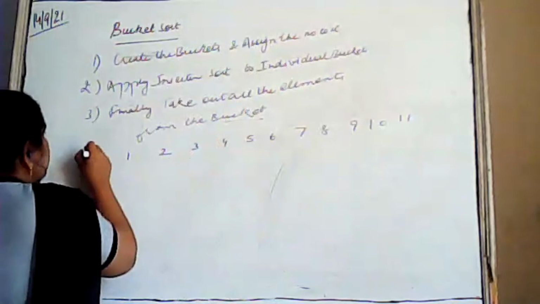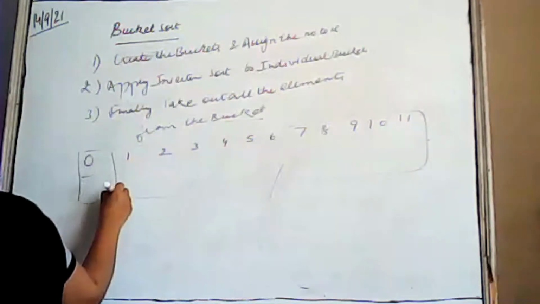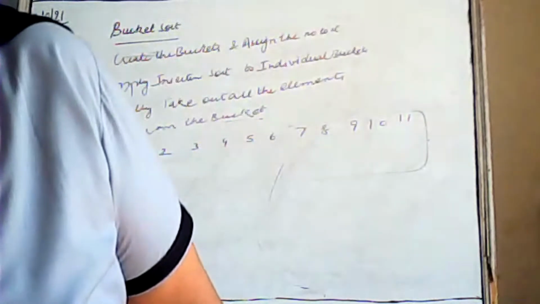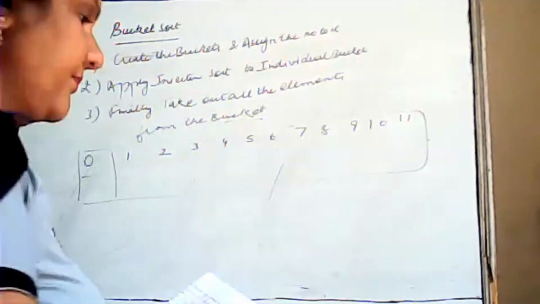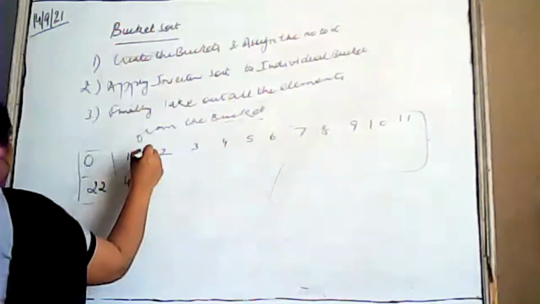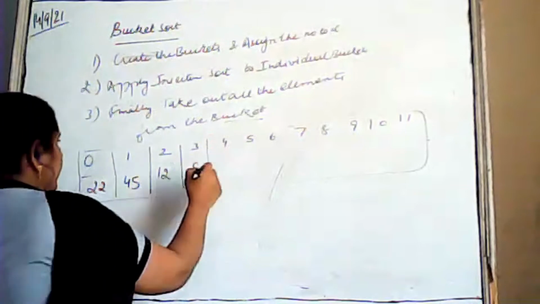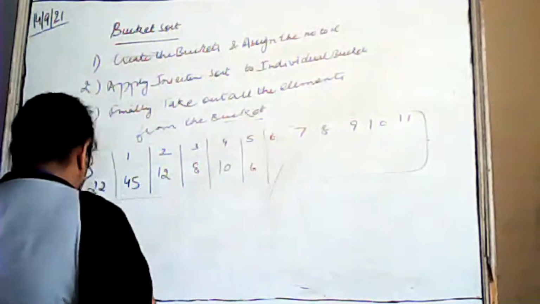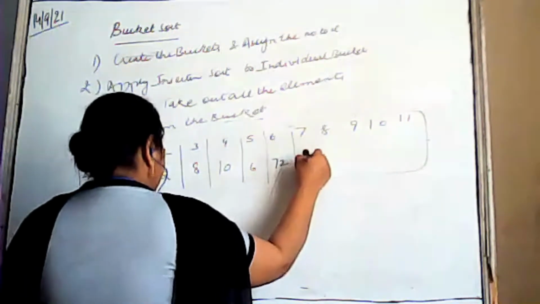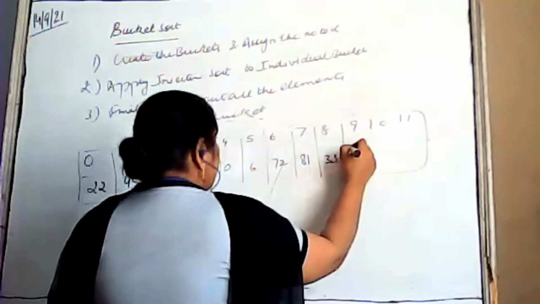There are a total of 11 elements. So these are the elements: 22, 45, 12, 8, 10, 6, 72, 81, 33, 18, 50 and 14.